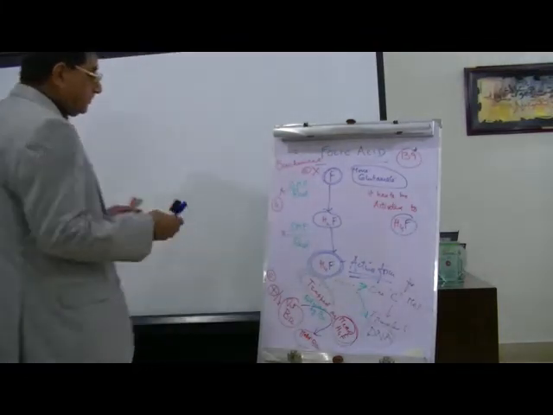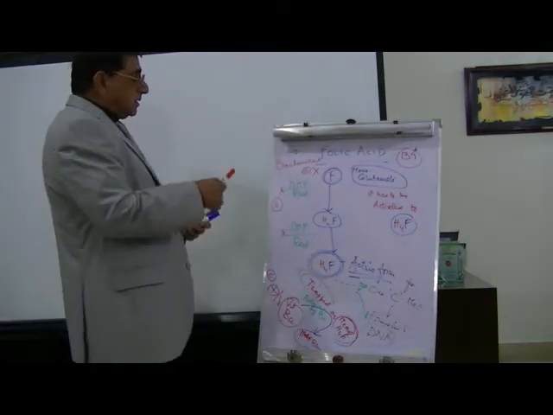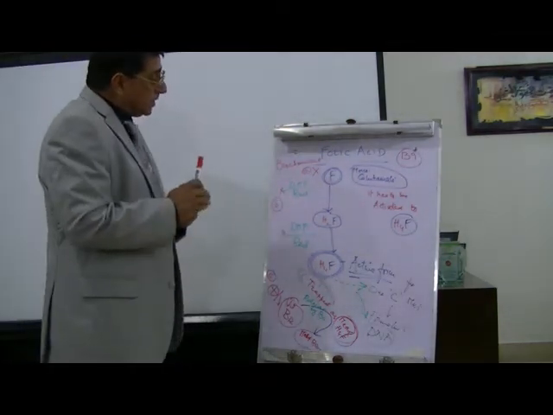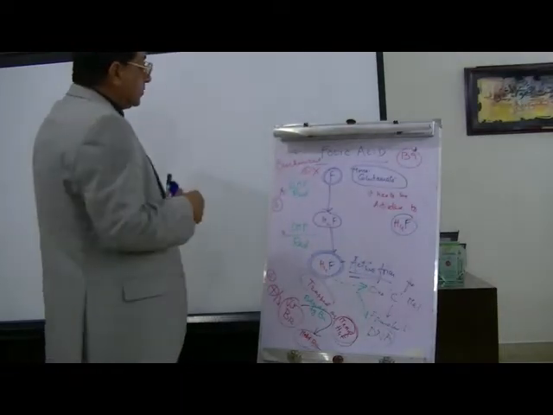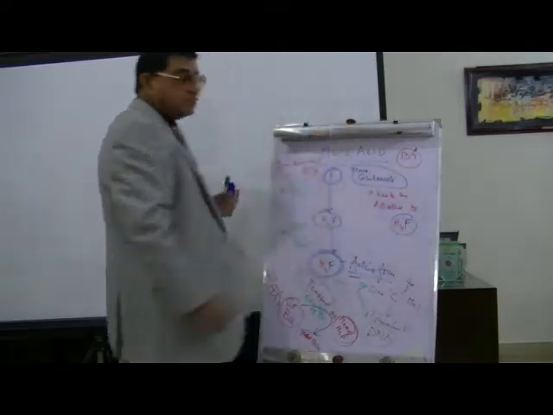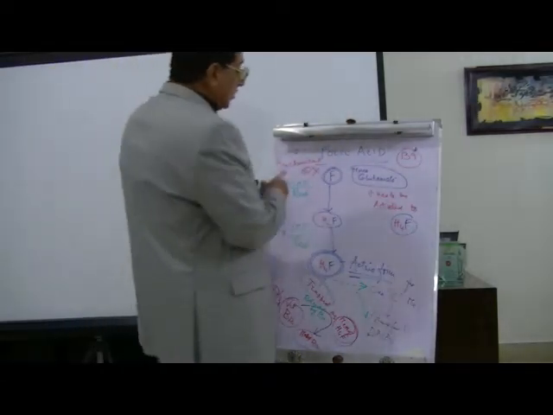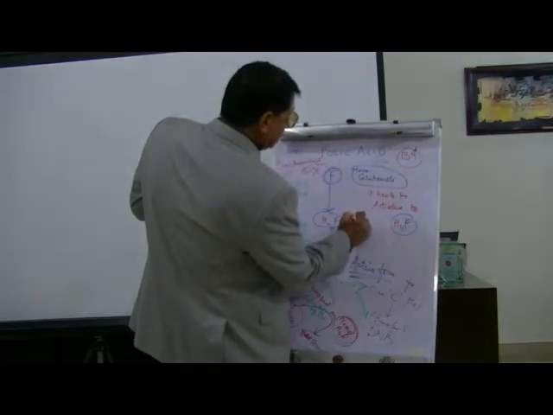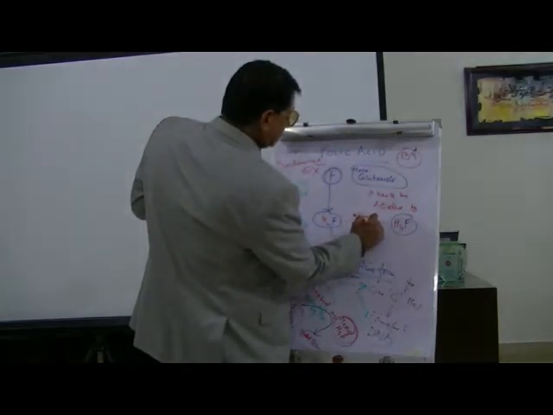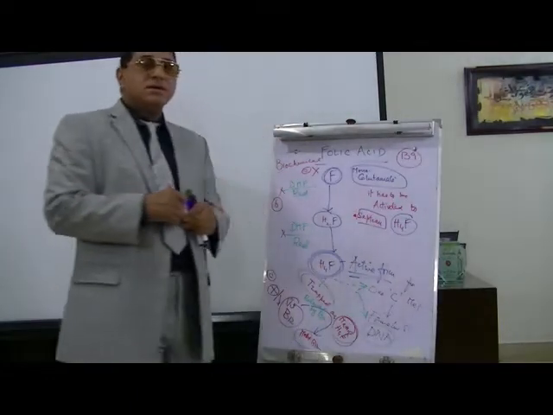So, now a bit of clinical things over here. In addition to what I've already told, you see that DNA formation is made use of, for example, by a drug called Septron. Septron is an antibiotic.